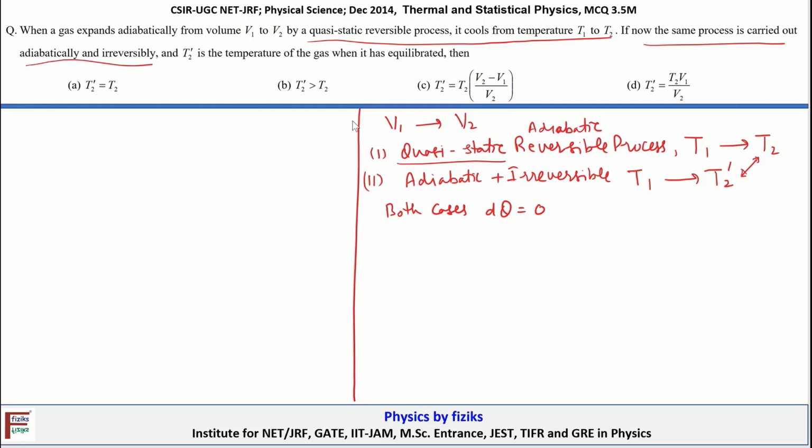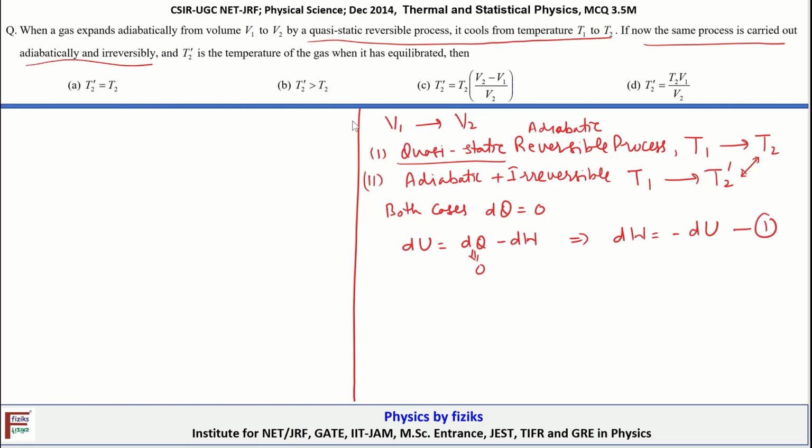So if we apply the first law, du is equal to dq minus dw. Because dq is equal to 0 here, the work done is equal to the negative of the change in internal energy. Let me call this equation 1.